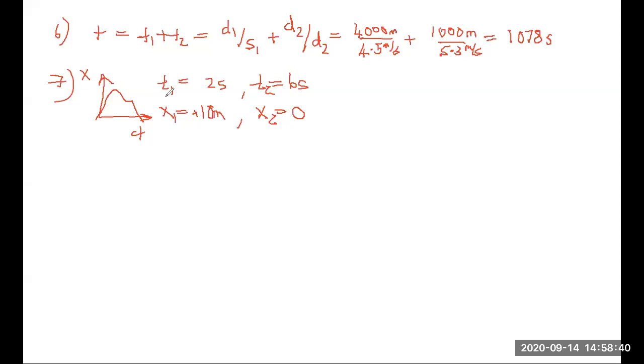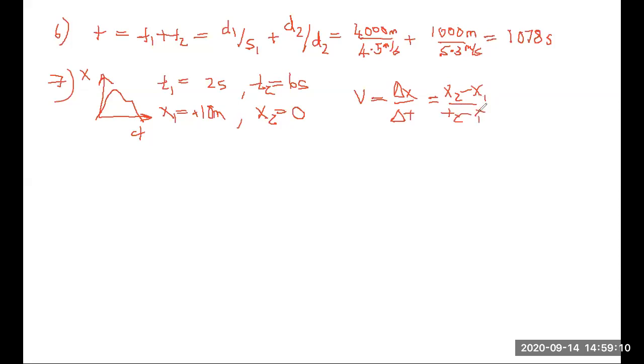And so these are the 2 time-position coordinates that we need to solve this problem of what is the average velocity. So the average velocity, if you remember, is delta x, the displacement, divided by delta t, the elapsed time. So here that's the final position minus the initial position, divided by the final time minus the initial time.